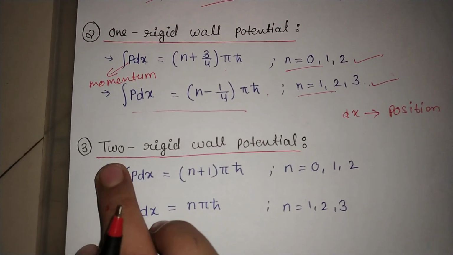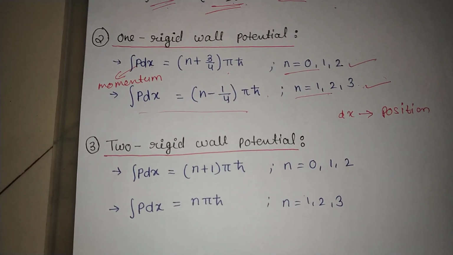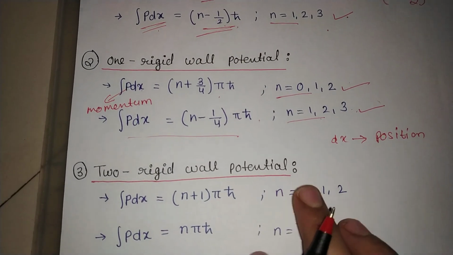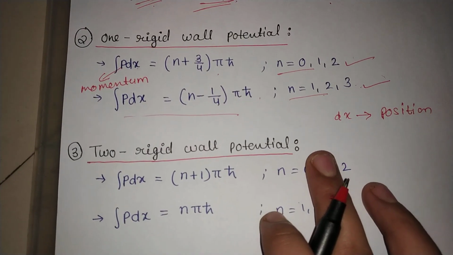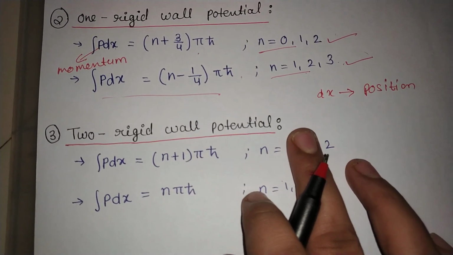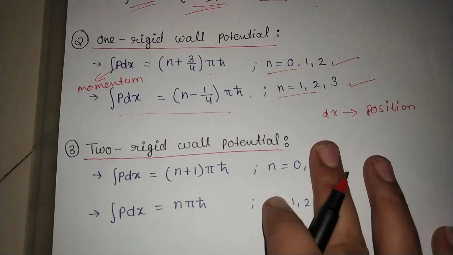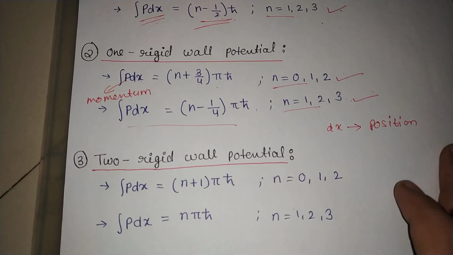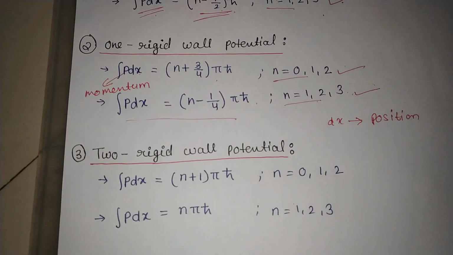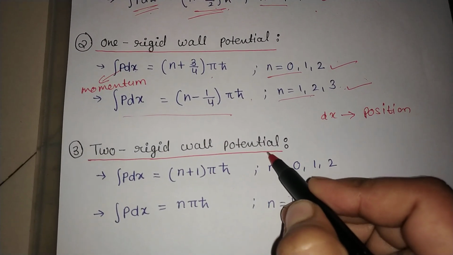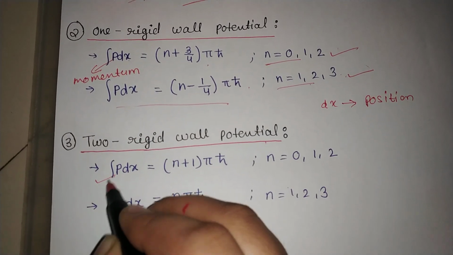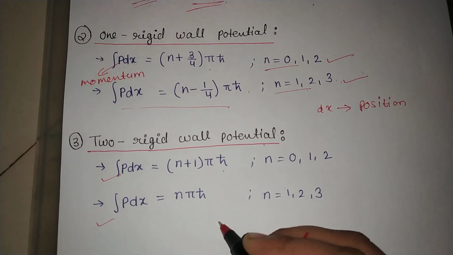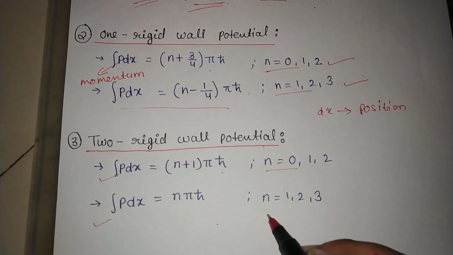Now we have the third case. The third case is the two rigid wall potential. Let's understand the two rigid wall potential as an infinite potential well. It looks like a two rigid wall potential. So if we have this case, for that we will use these two formulas, either the first one or the second one. Only n will change.